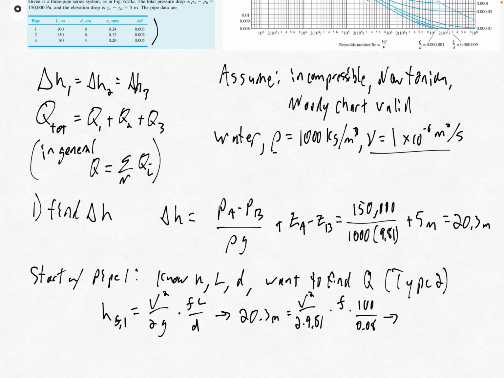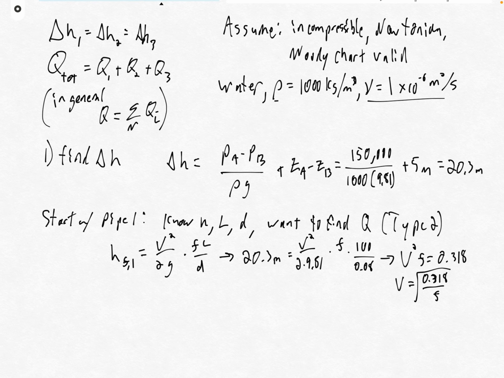So we have V squared times f is equal to 0.318, or V is equal to the square root of 0.318 over f. That way, if we know f, we can find V relatively quickly.